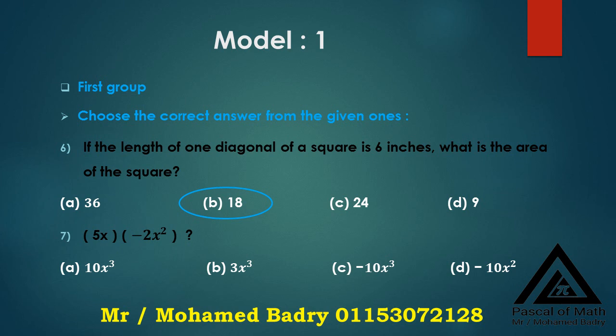Now x times x power 2. If we want to multiply, we will make addition to the power. Now x times x power 2 equals x power 3, because we add 1 plus 2 equals 3. The correct answer will be negative 10 x power 3. C.